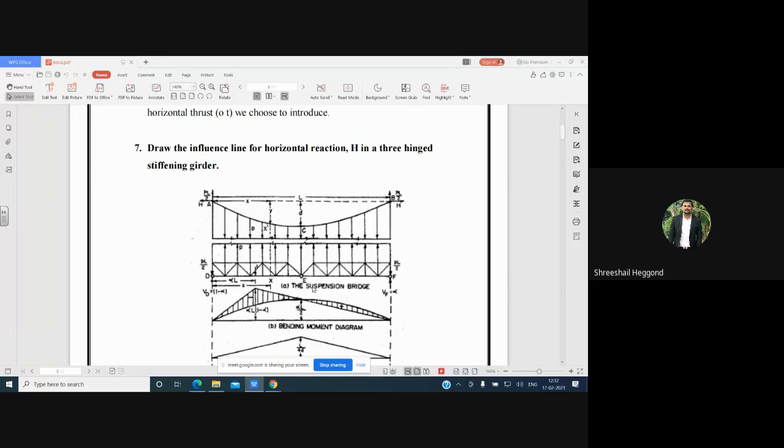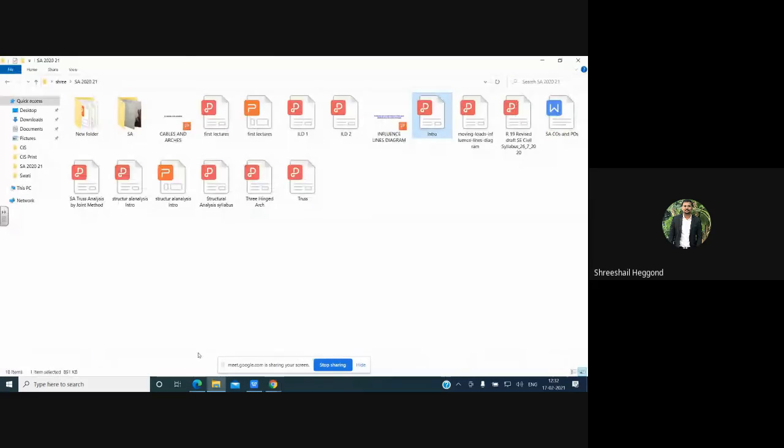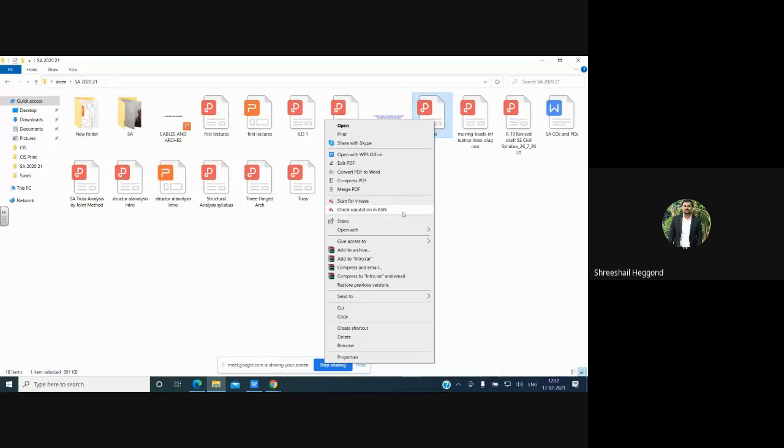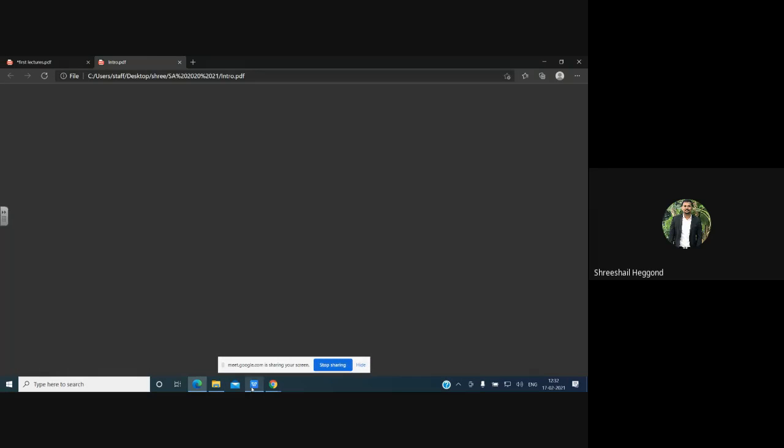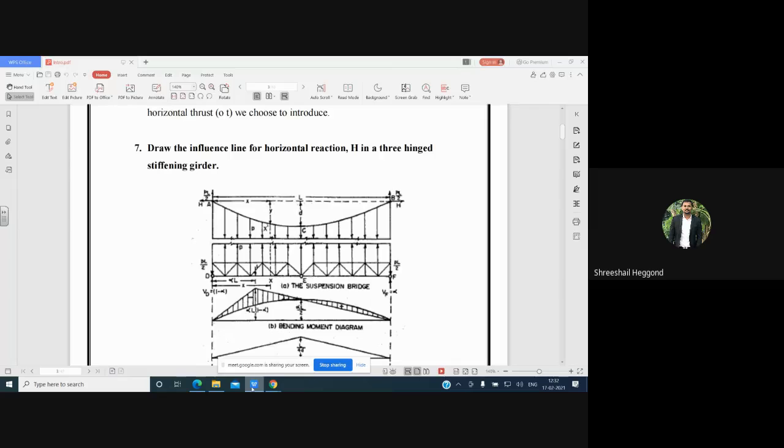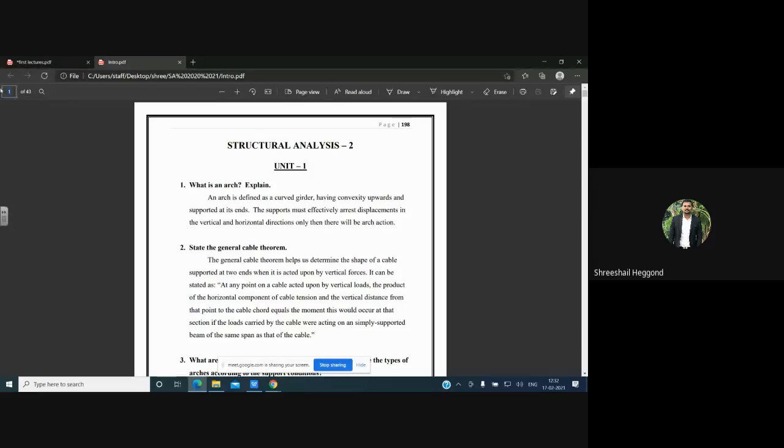If you are drawing the influence line diagram, that is an imaginary diagram, how the moment will be created on the bending moment, or the imaginary line for the trusses, where we can have the different components of the structure. I can draw on this one easily.